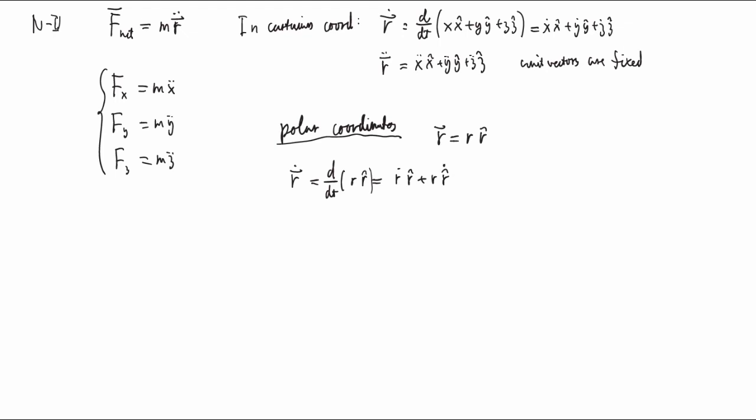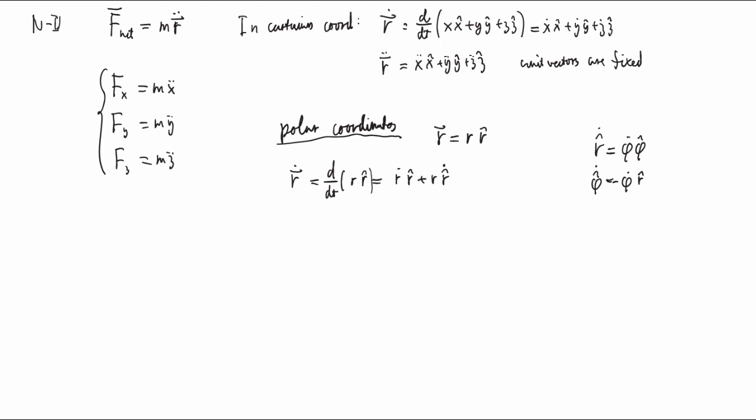And this, as we've shown earlier, if you go back to the videos on vectors, frames, and coordinate systems, we know that this is actually not zero, because r hat does change with position. And we found earlier, in fact, that r hat dot equals phi dot phi hat, and also that phi hat dot, if we need that, is equal to minus phi dot r hat.